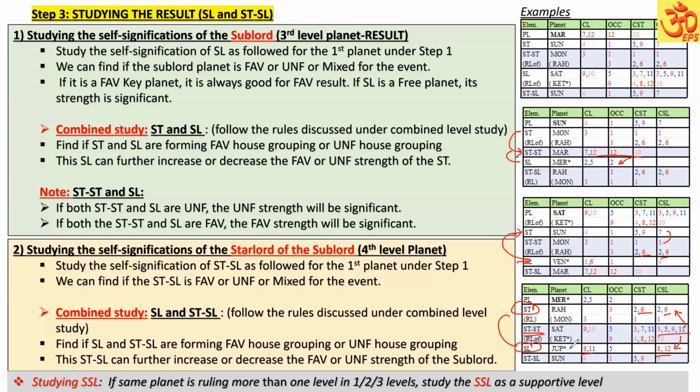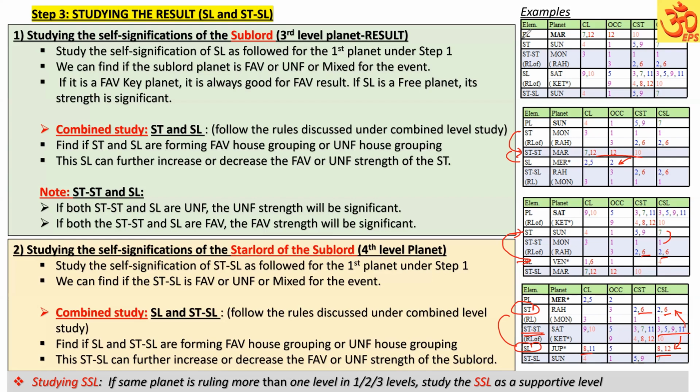So that way, find the signification of the star lord and also the sublord, whether both have favorable houses, so that favorable strength is going to be increased. If both are unfavorable, the unfavorable strength is going to be increased. If the star lord is favorable and the sublord is unfavorable, that unfavorable strength will increase a little. I hope you have understood.